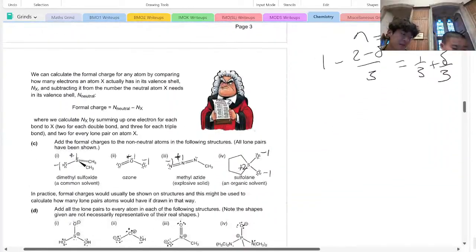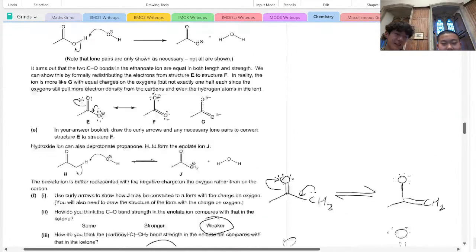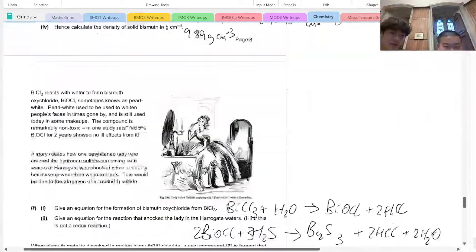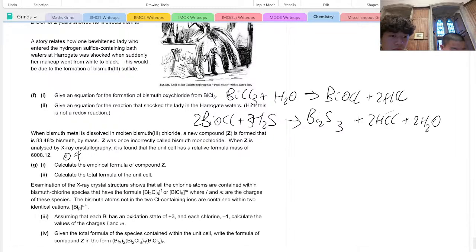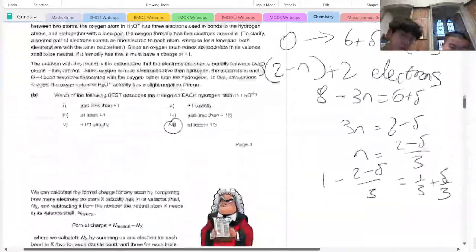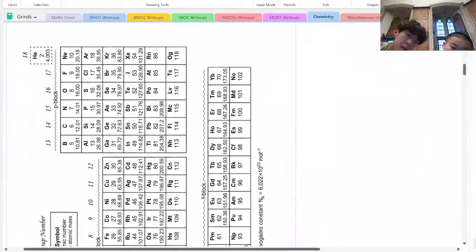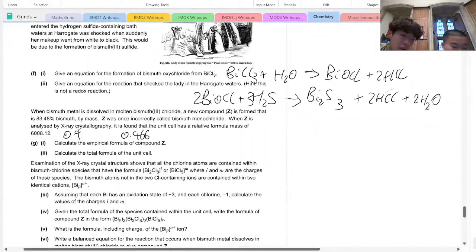Okay, it's 0.466. And what was the bismuth? 208.98? Okay.